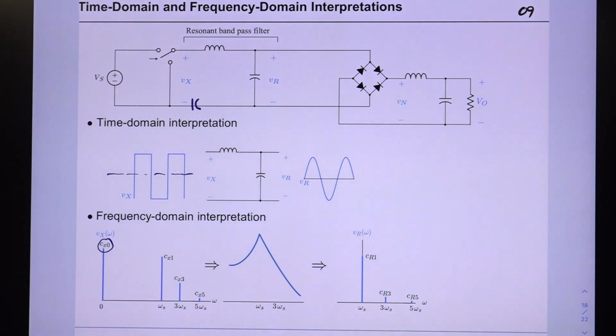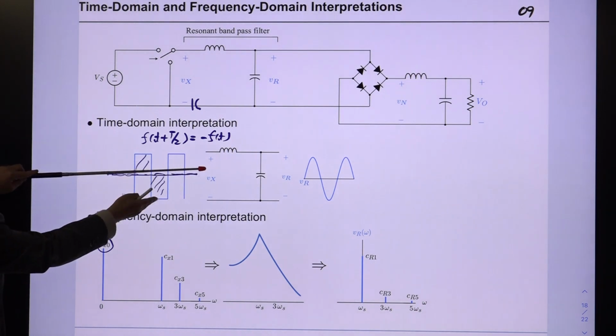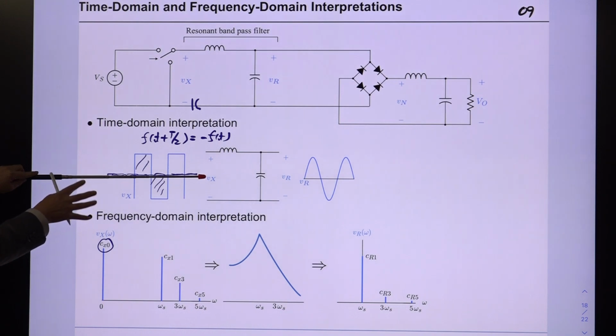We assume the 0 volt line is here because we considered the DC portion separately, so this part is symmetrical. F(t + T/2) is minus F(t). This relationship is called half-wave symmetry, which simply means this part and this part are the same and the sign is opposite.